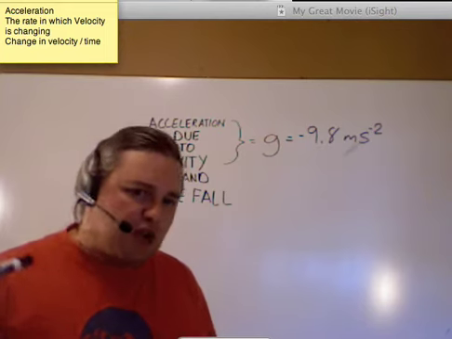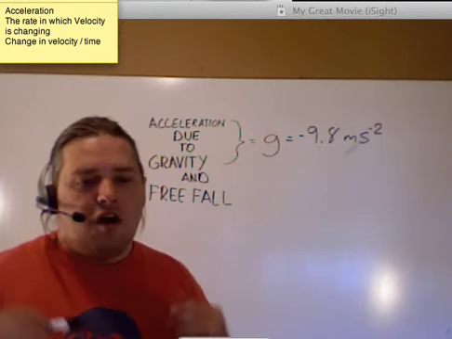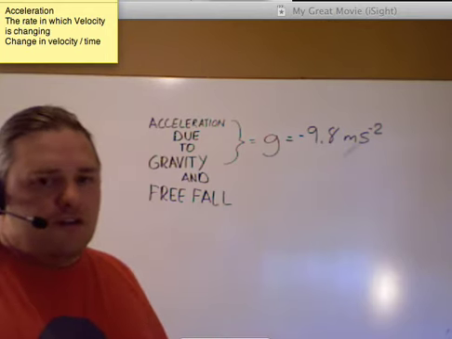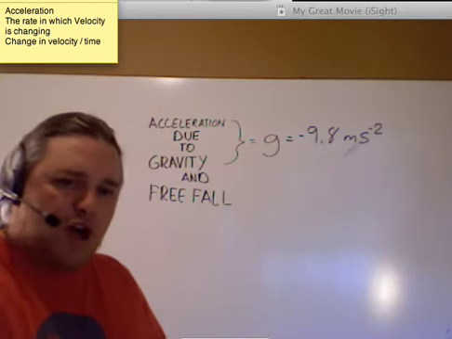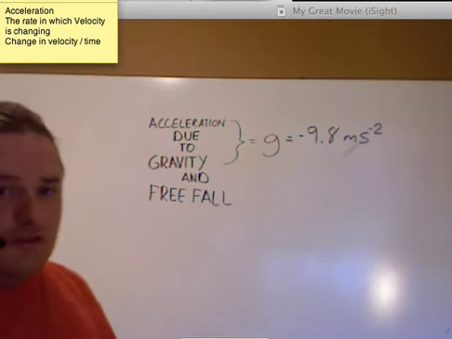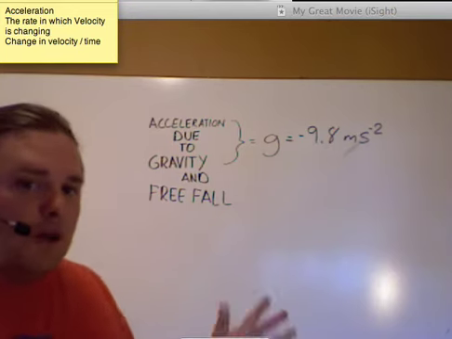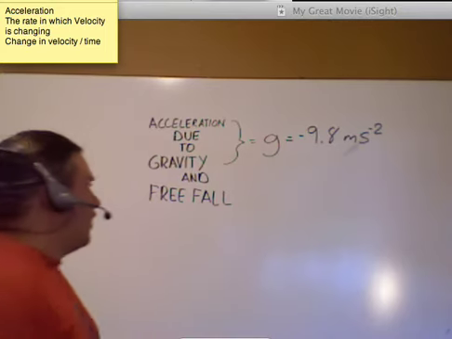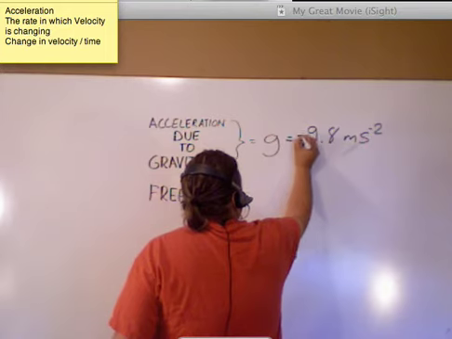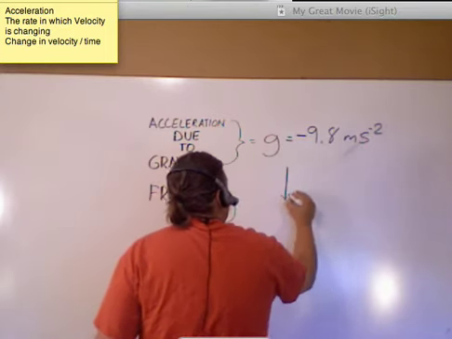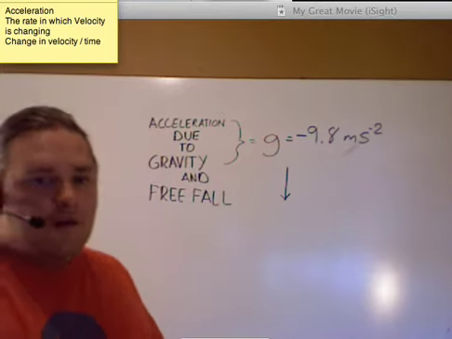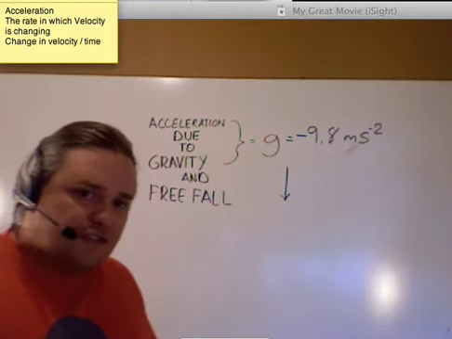It turns out when we talk about the modern look at forces, that value g doesn't hold true the higher up you go from the surface of the Earth, or the deeper you go into the Earth. Okay, but anyway, for now we're going to treat it as negative 9.8. Remember, negative meaning that it's, in this case, going down. We all know that when we release an object, it falls towards the Earth. Okay? So that's the acceleration due to gravity.